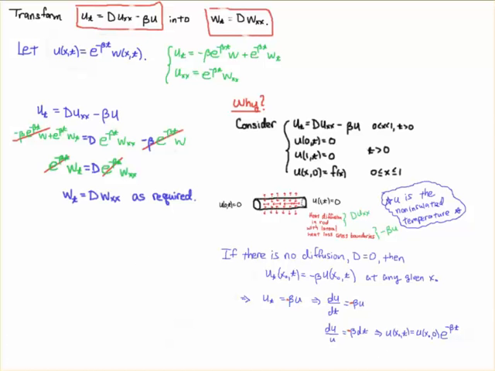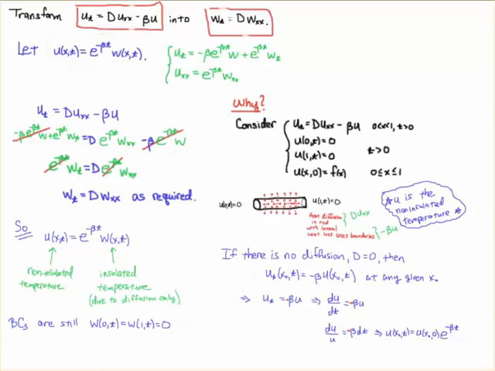So u is the non-insulated temperature, and we have this loss due to the minus beta u term, which is accounted for by the e to the minus beta t. And we could think of w as the insulated temperature, the temperature that is just due to diffusion only. It's just going to go to the steady state on the boundaries, and the non-insulated temperature is u, because we're going to have this lateral heat loss, which is accounted for by the e to the minus beta t term.